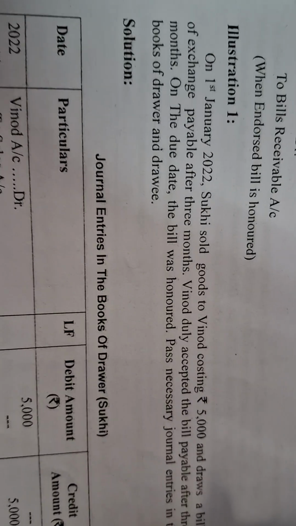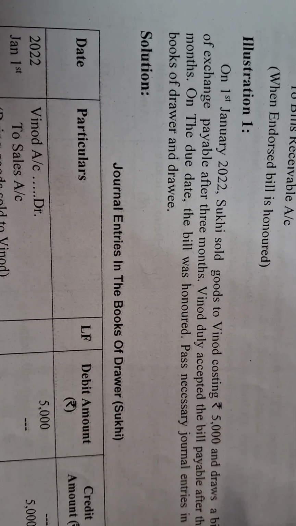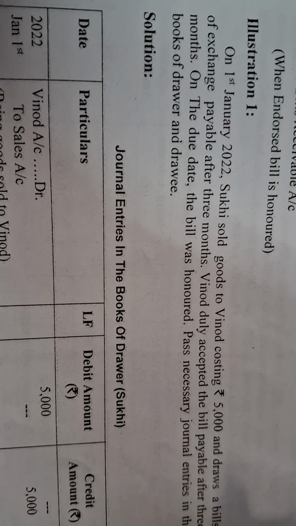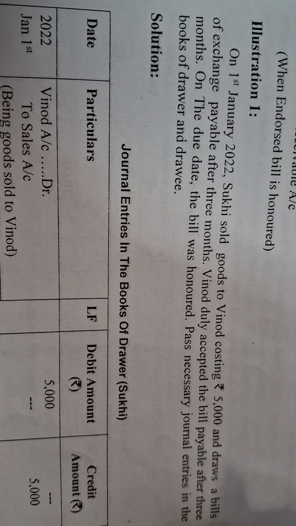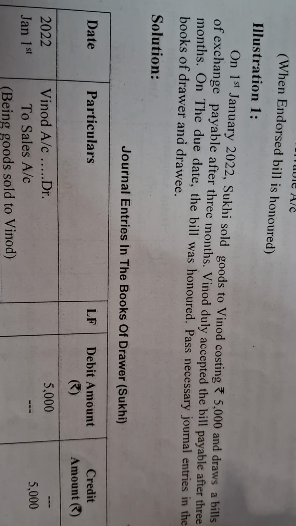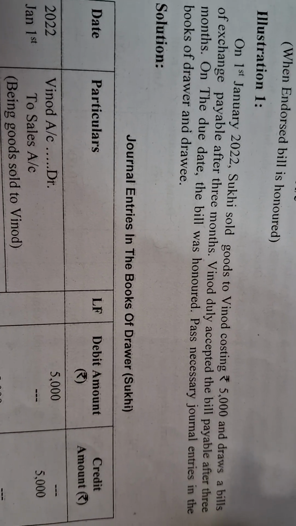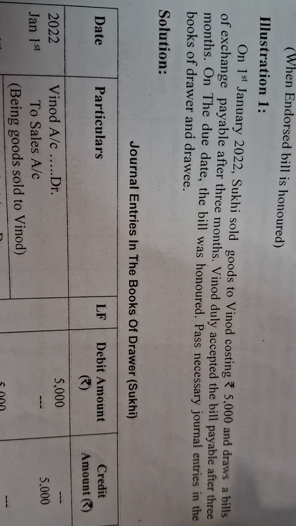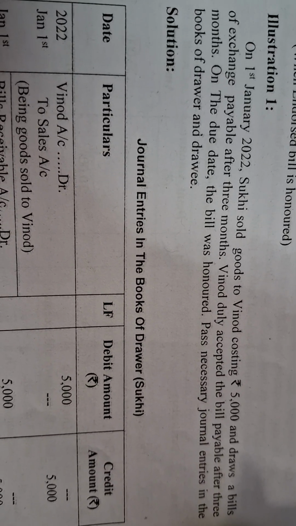Suppose it is given that on 1st January 2022, Sukhi sold goods to Vinod costing rupees 5,000 and draws a bill of exchange payable after 3 months. In the first line, what does it say? Here Sukhi has sold the goods, so will there be any sales entry? Yes, definitely.